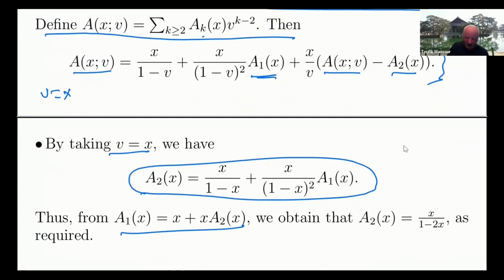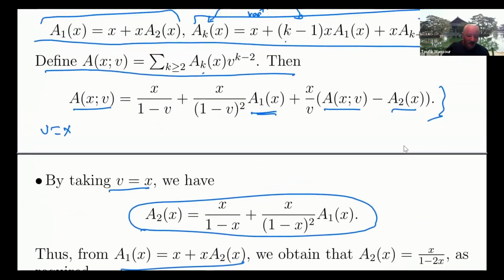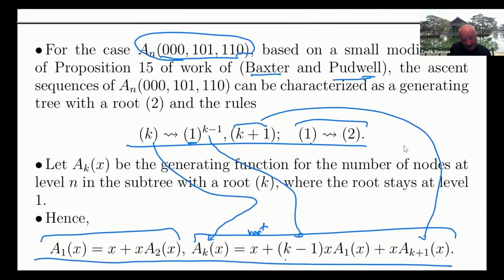Solving them, I get a_2 equals x over 1 minus tx, and a_1, of course, if I put here x plus x times x over 1 minus tx, I get what is needed. So here we were lucky that the generating tree of this, the second case of the second candidate, is known.